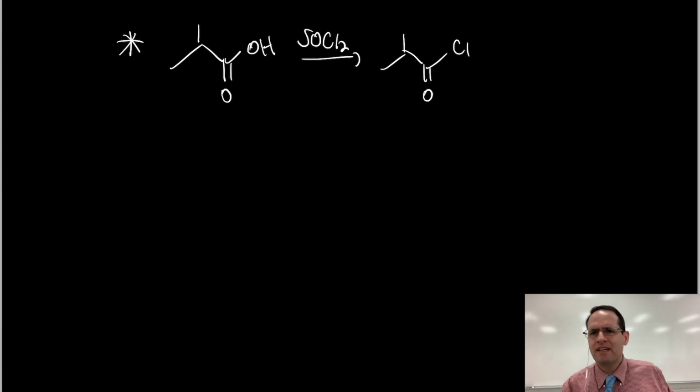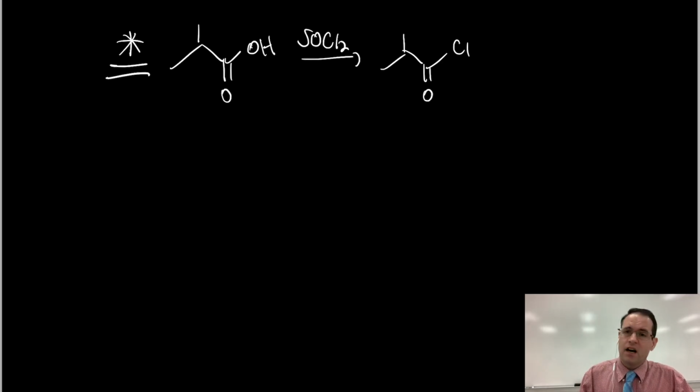So that's the main reaction that you need to be aware of, okay? This reaction here. Now, hydrolysis of acid chlorides can be done, okay? So we'll call this reaction 1.